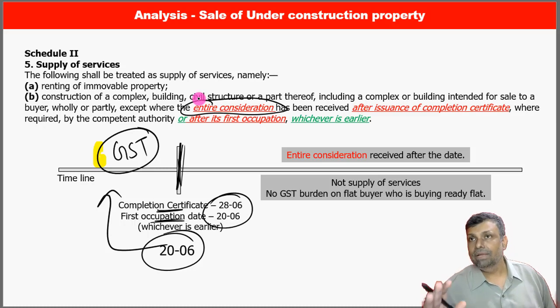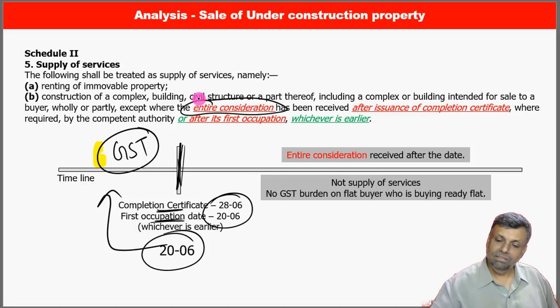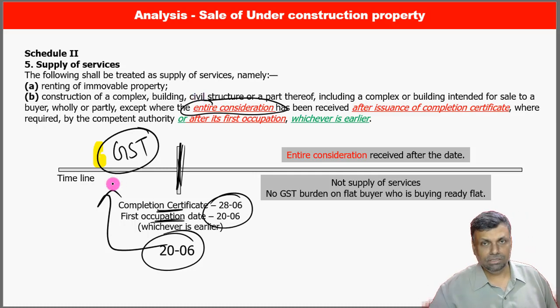So if I want to say that I am buying a ready flat, it means I am paying the entire consideration after the cutoff date. If I am buying an under construction flat, then for the flat buyer, that means myself, there is a GST burden.